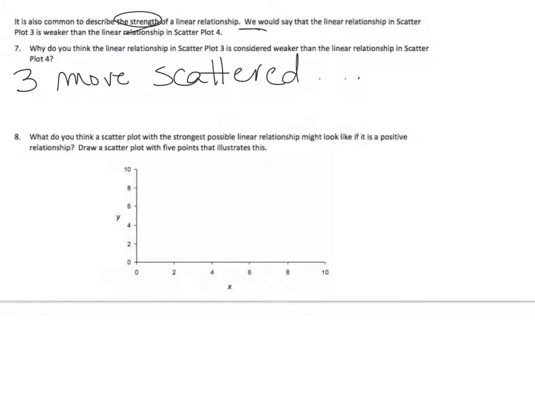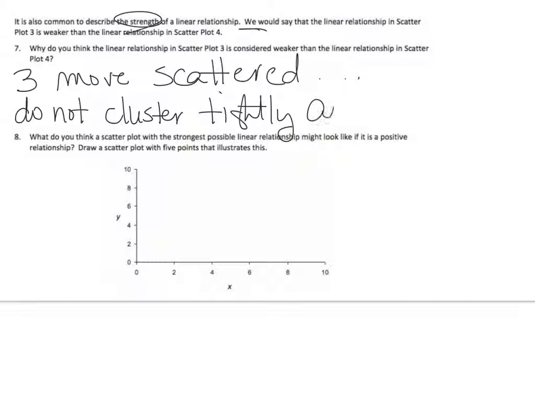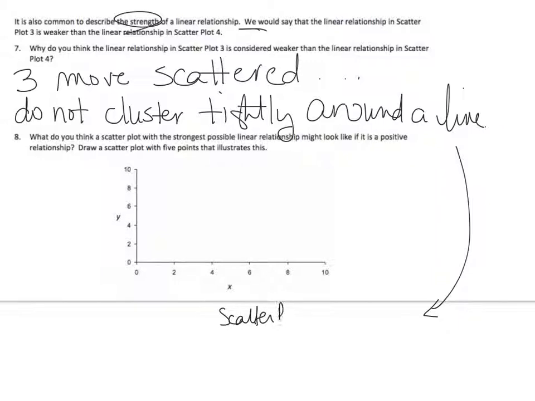You could also say they do not cluster tightly around a line. And if I look at scatter plot 4, the points conform a lot closer to a line.